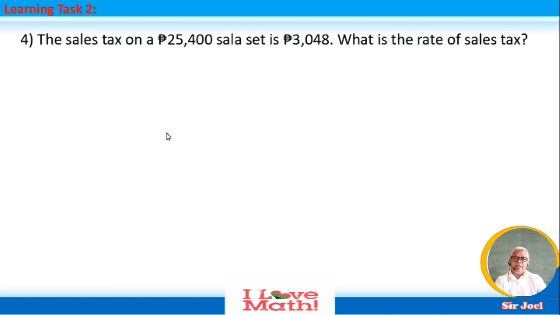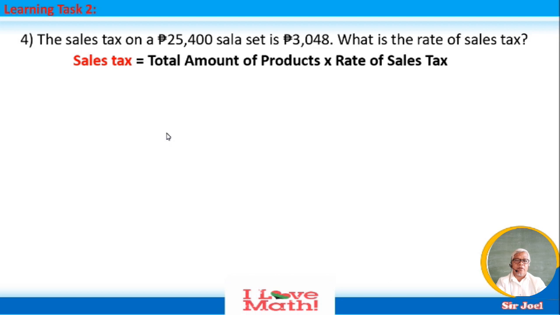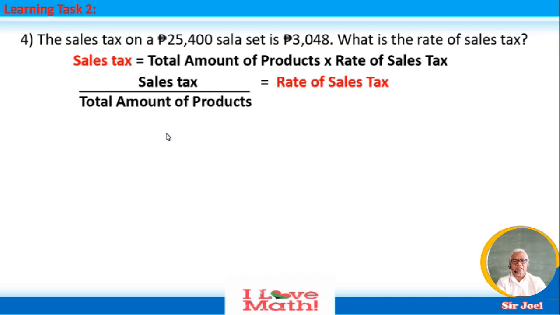Problem number 4. The sales tax on a 25,400 sala set is 3,048 pesos. What is the rate of sales tax? Paano natin isosolve? Sales tax is equivalent to total amount of products times the rate of sales tax. From this formula, i-derive lang natin, para sales tax divided by the total amount of products is equivalent to rate of sales tax, kasi ito yung tinatanong.